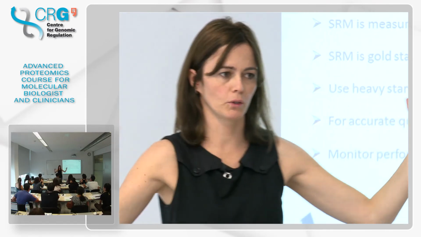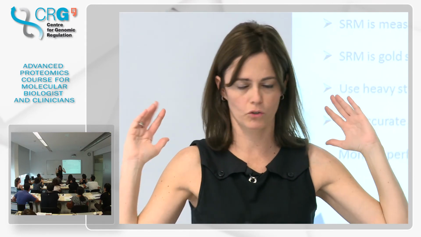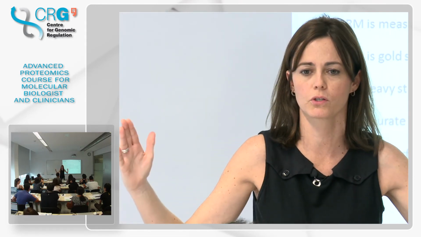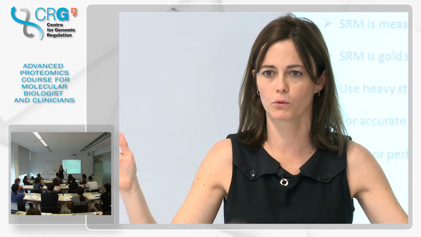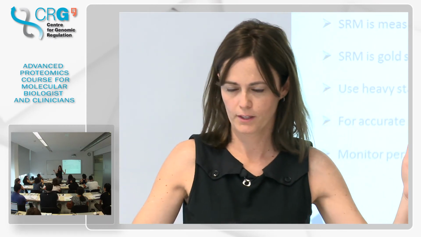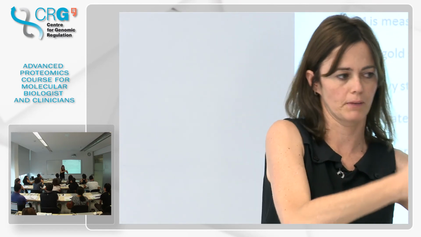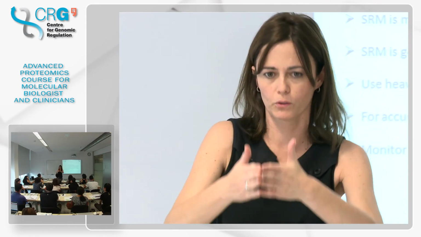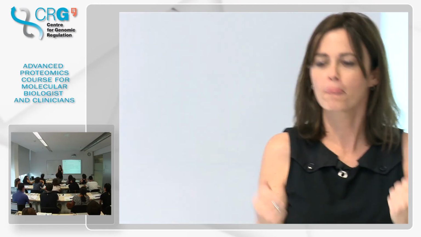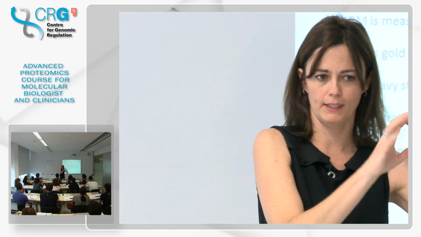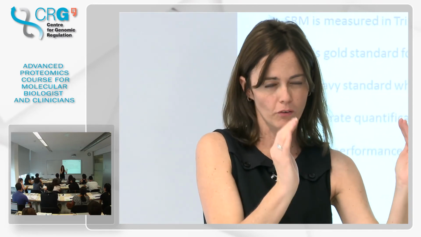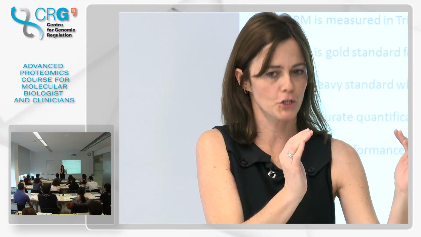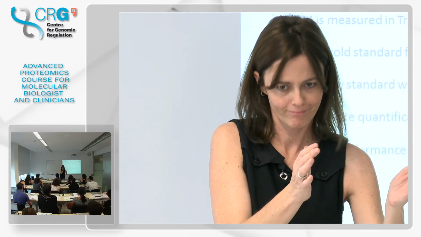Imagine your gradient is 60 minutes. Instead of measuring all your transitions for 60 minutes, if you know that one peptide comes out in minute 10 and the other one in minute 30 and one in minute 60, you use this thing that you know because you already tested your sample, and you only measure within that window of minutes the things that come out there.